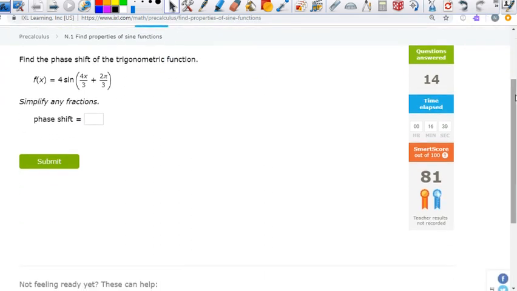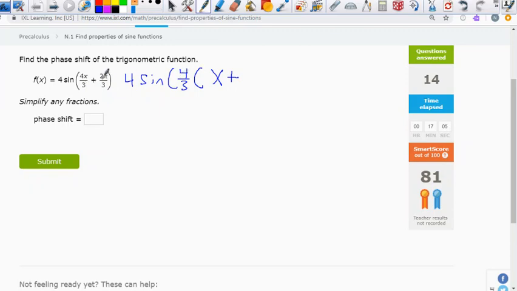All right, the phase shift. With our phase shift, now we need to factor out our 4/3. So first of all, we can rewrite this as 4 times the sine of, factor out the 4/3, 4/3 times x plus, and we're going to have to do 2 pi over 3 divided by 4/3.